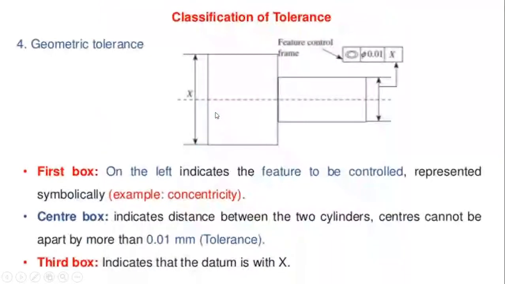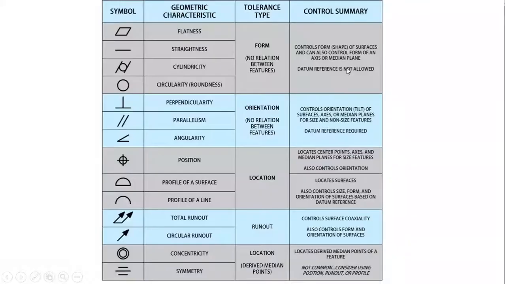Okay, let's see. This is a drawing using geometrical tolerance. These three boxes and four boxes are used here, and the first box represents the symbol of the operation.